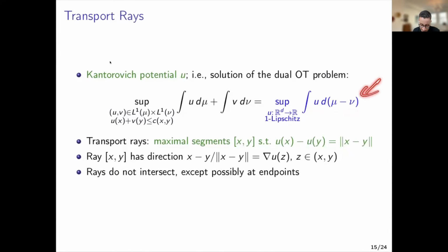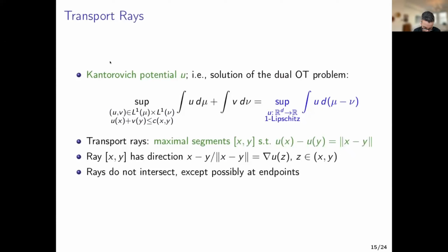This dual problem has a solution. Let's call it u. It's called the Kantorovich potential. Take the Kantorovich potential and then consider all maximal straight line segments in R^d with this property here. This is the particular incarnation of the c-cyclically monotone set.